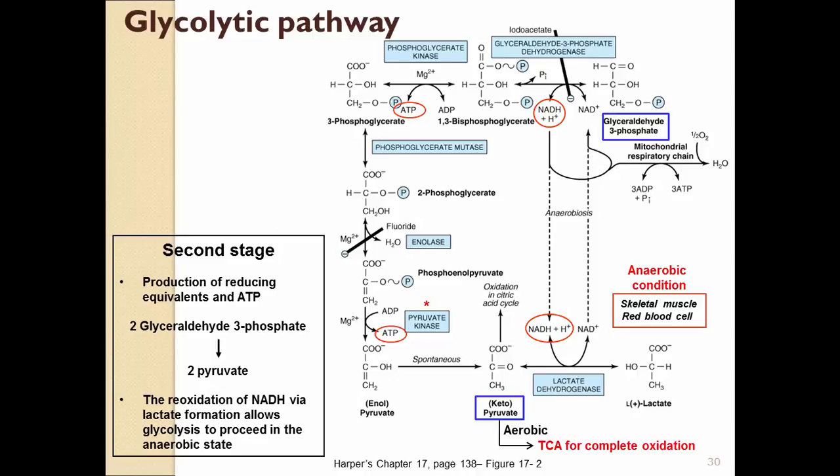And secondly, ATP can also be made in this key reaction, right? So in the second stage, actually 2 ATPs are made from one molecule of glyceraldehyde 3-phosphate, right? That makes sense? In the second stage, 2 ATPs are made from substrate level phosphorylation, and these are the 2 reactions.